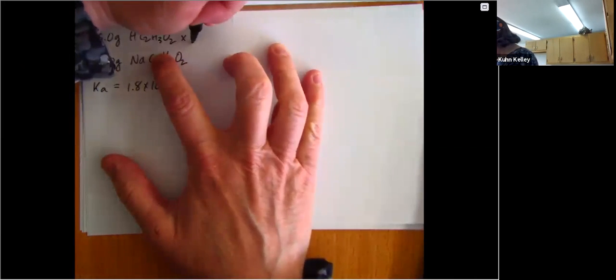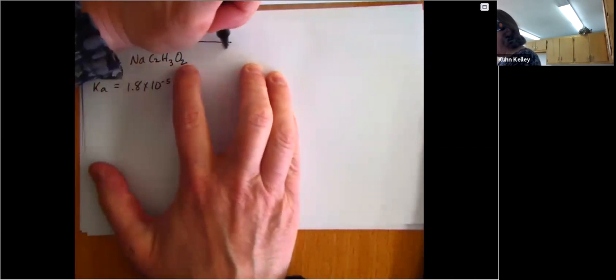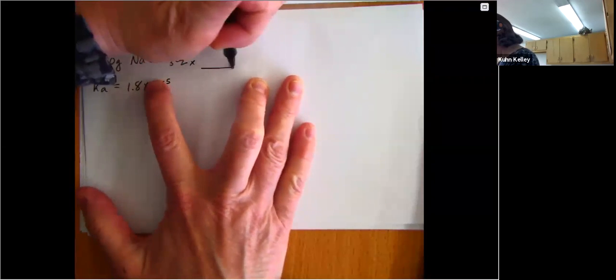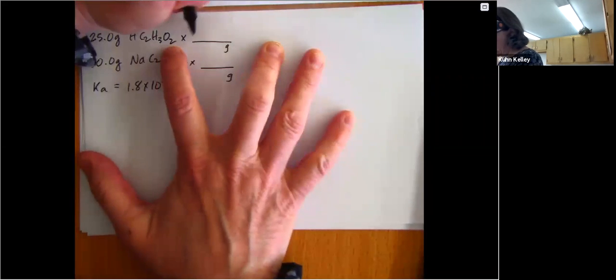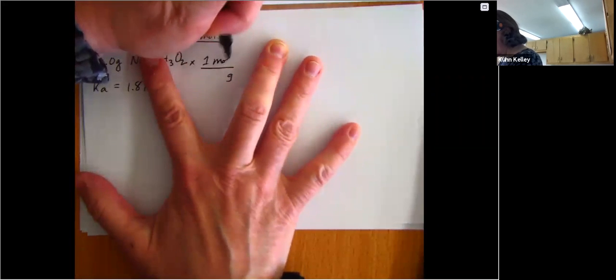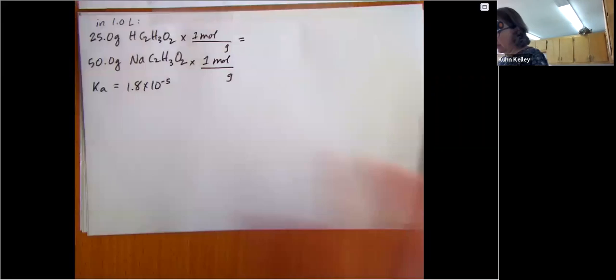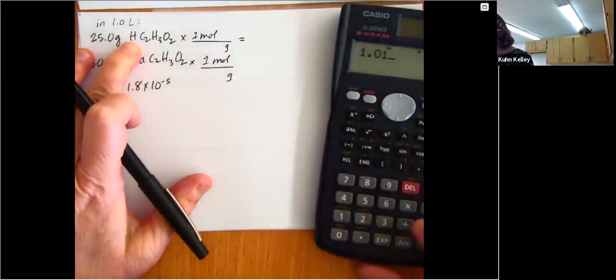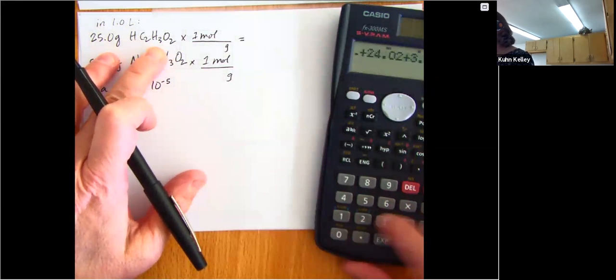So I'm going to need to add up the molar mass of these two substances, and then, of course, we'll have 1 mole on the top to convert this to moles. Adding this up, hydrogen is 1.01 plus 2 carbons, which are 12.01, so 2 of those are 24.02, plus another 3 hydrogens, plus 2 oxygens, which are each 16.